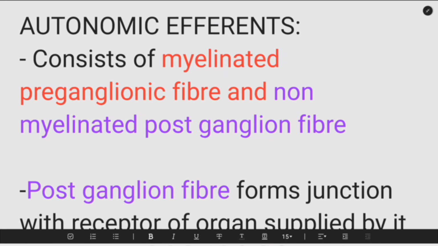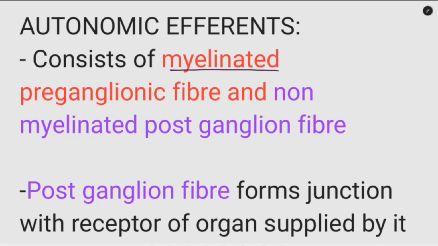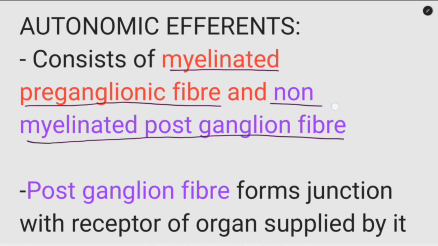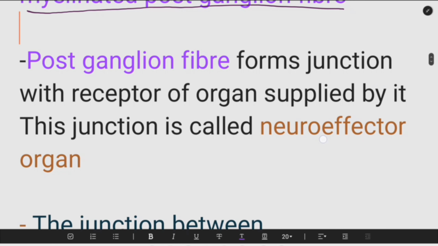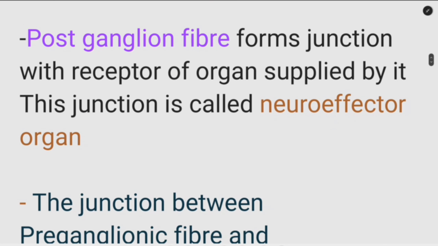We will discuss autonomic efferents. Autonomic efferents consist of a myelinated preganglionic fiber and a non-myelinated postganglionic fiber. The postganglionic fiber forms a junction with the receptor of the organ supplied by it.